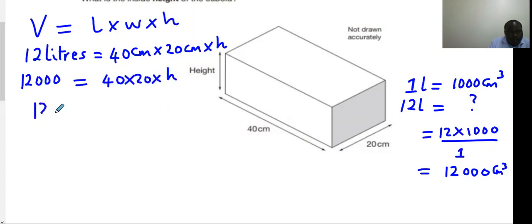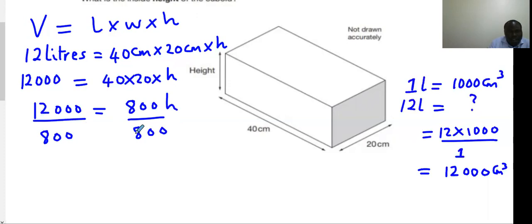So this will be 12,000 equals 800H, okay? I'm looking for H, so it will be over 800, it will be over 800, and this becomes, by 4, this is 2, by 4, this is 30, that makes 15, so H equals 15.